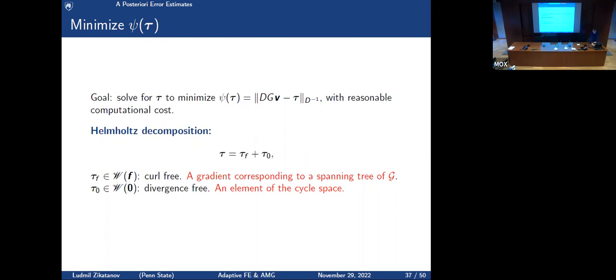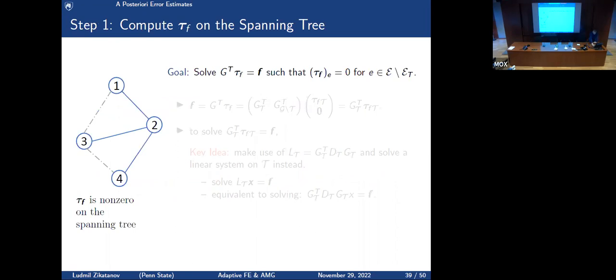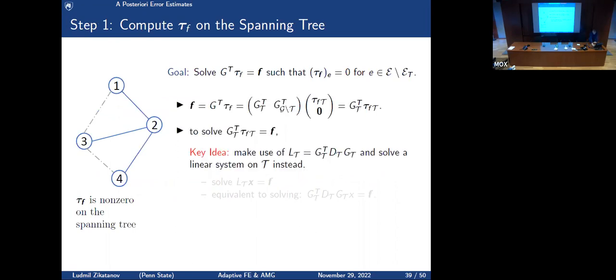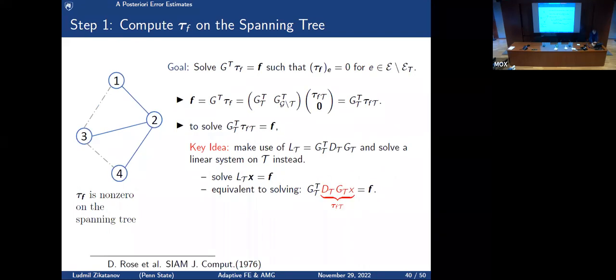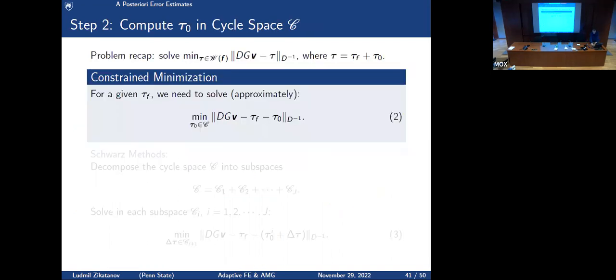Okay, so here are more details about how this Helmholtz decomposition is done. This is actually a slide. Don Rose had this paper about fill-in, showing that when you solve a tree, you don't have any fill-in. I think actually at some point Ilaria Perugia also wrote a paper for Maxwell based on some similar things.